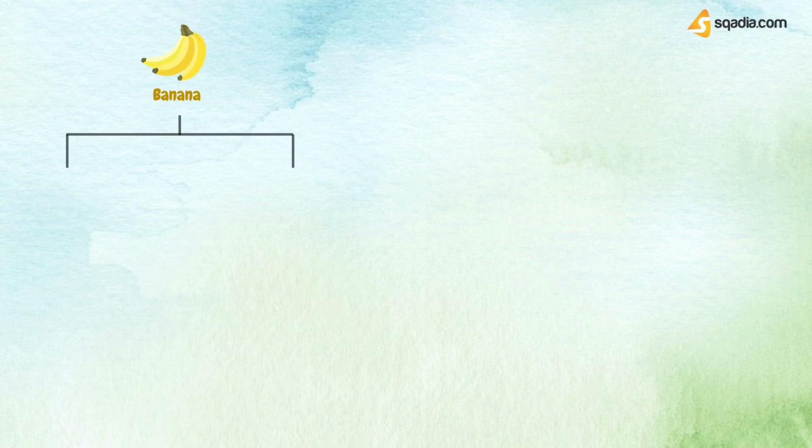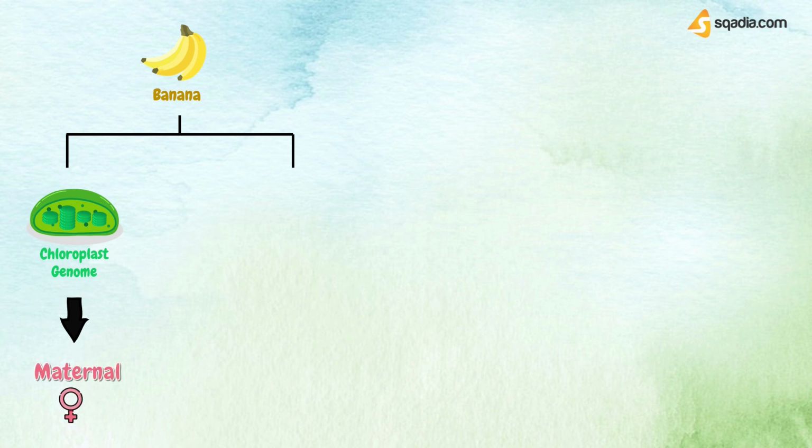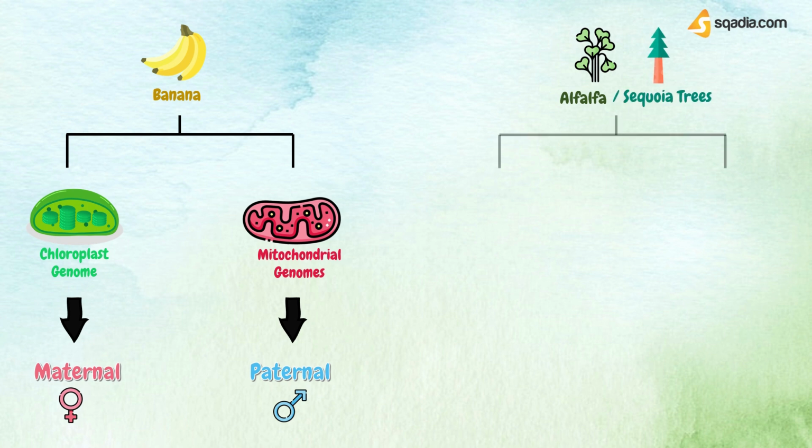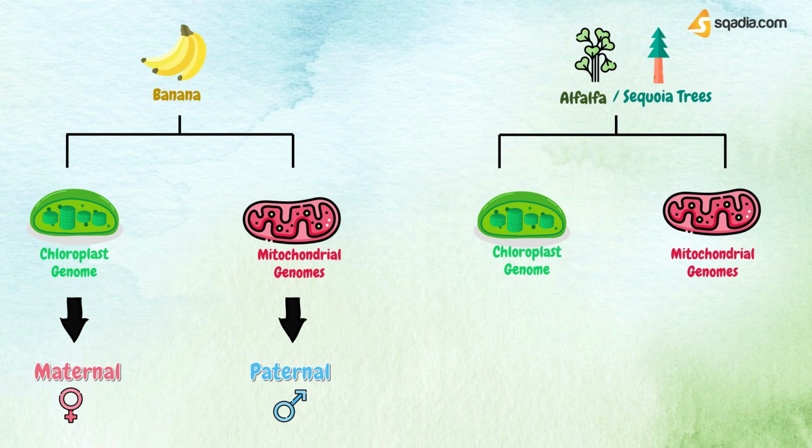For example, in bananas, inheritance of the chloroplast genome is maternal, while that of mitochondrial genomes is paternal. The situation is reversed in alfalfa, while in sequoia trees, both chloroplast and mitochondrial DNAs are paternally inherited.